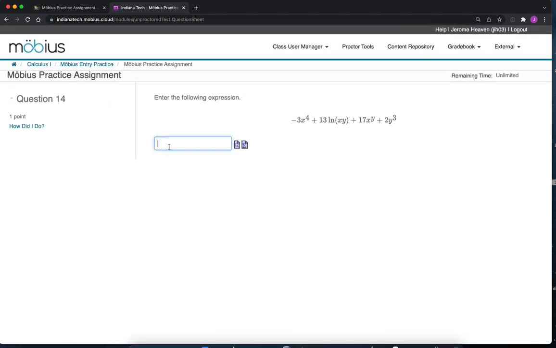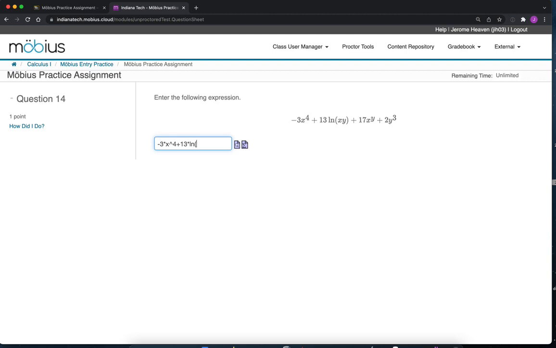And then I'm going to zoom in and again, just show you how I would type this and not overuse parentheses. So this is -3 times, that's my shift 8, x to the, which is my shift 6, to the 4th power. So that's the first term, plus 13 times the ln, and it does know the ln, right? That's our natural log of, now I can't type xy. Why?